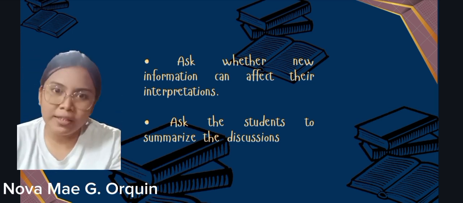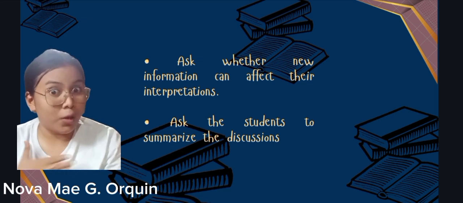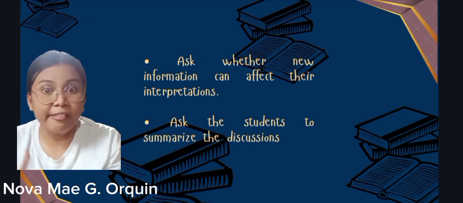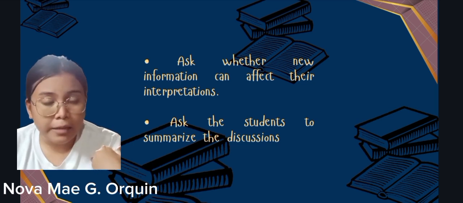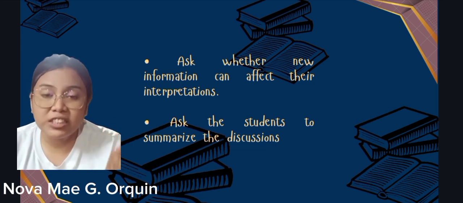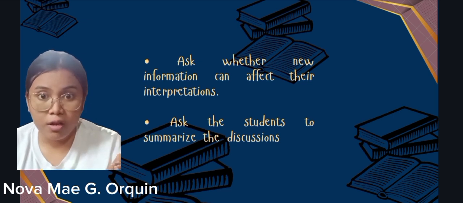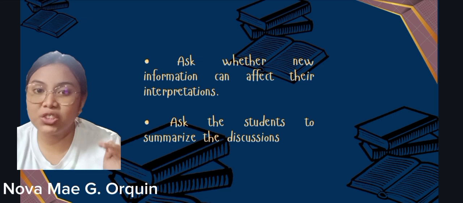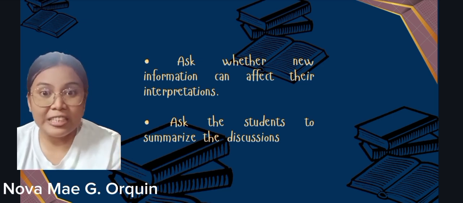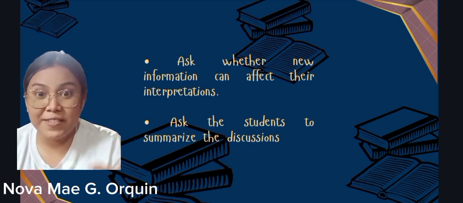You make them point to it so they know that what they're saying is not just opinionated and they are focused on the object. And then after that, you ask leading questions to make them realize its worth. What is its connection to them? And then you make them summarize the whole idea.